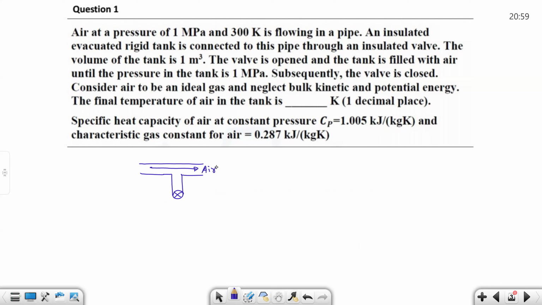An insulated evacuated rigid tank is connected to this pipe through an insulated valve. Through a valve, you are connecting a tank.